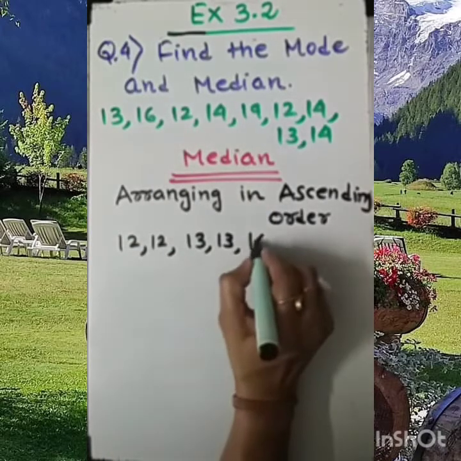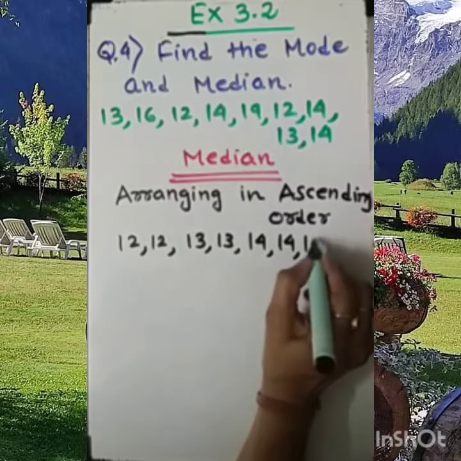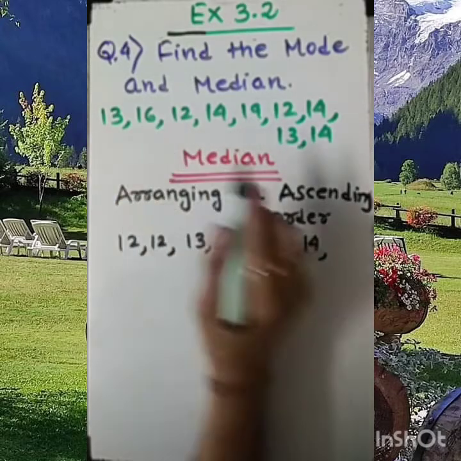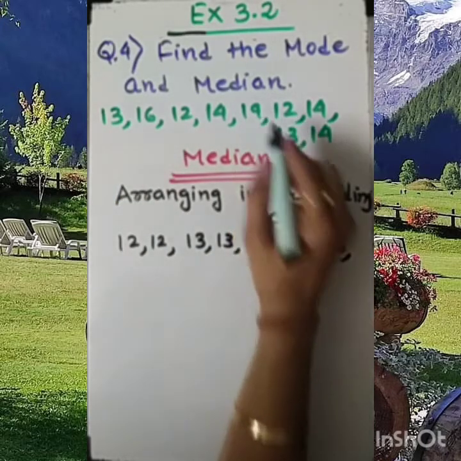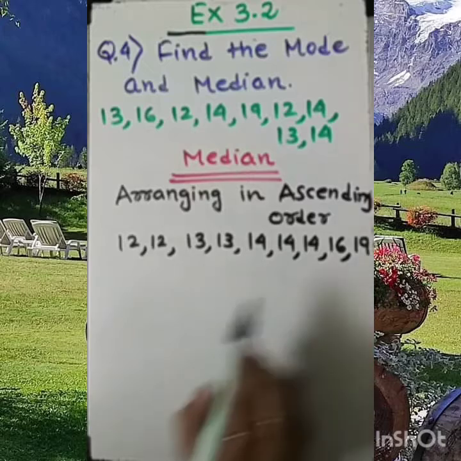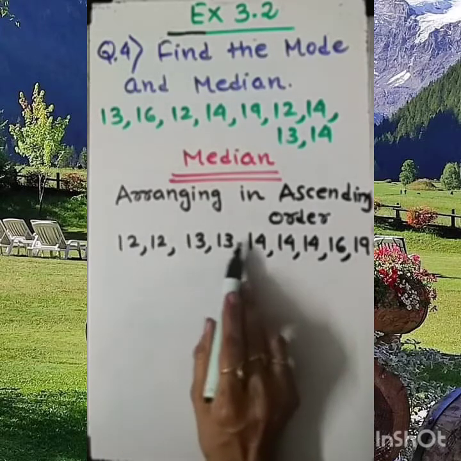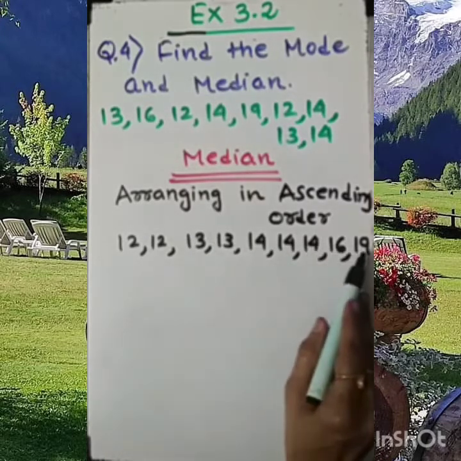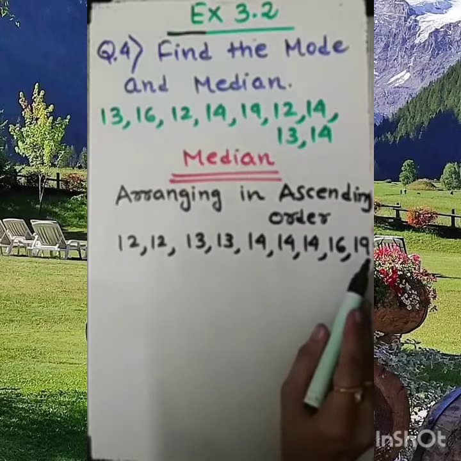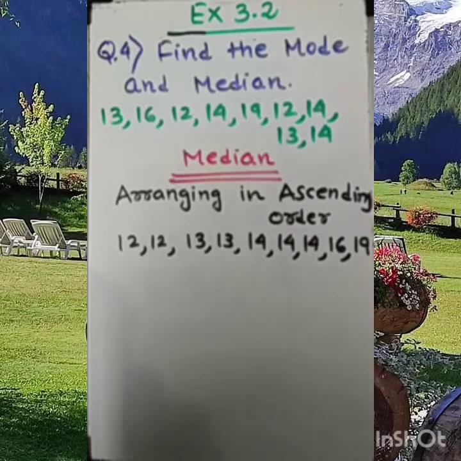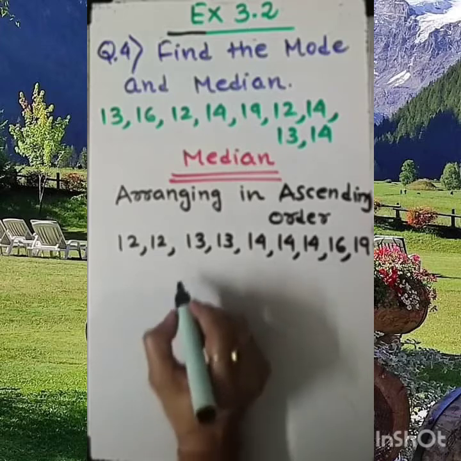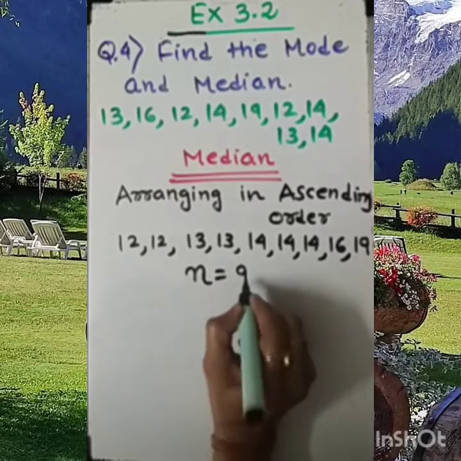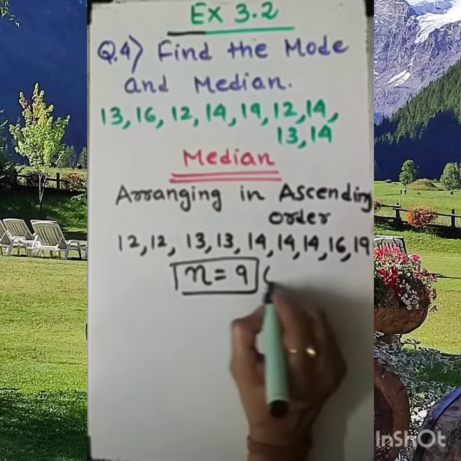Then 14 three times. Then I can see 16 is there and 19 is the highest observation. So 1, 2, 3, 4, 5, 6, 7, 8, 9 observations are there. Okay. So n equal to 9. Again it is an odd number.